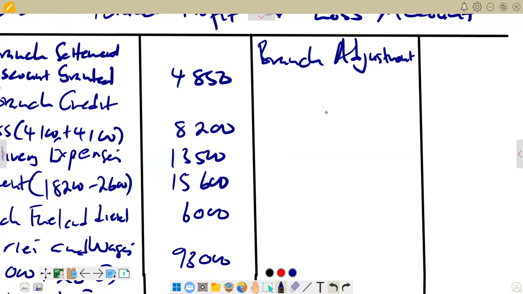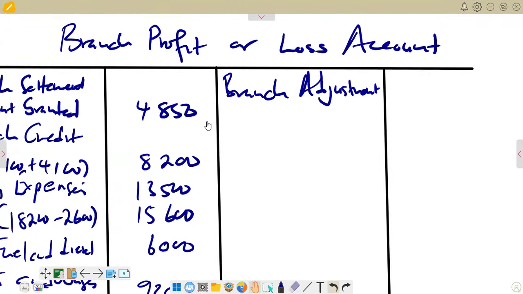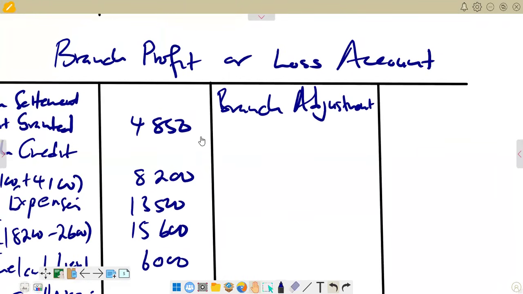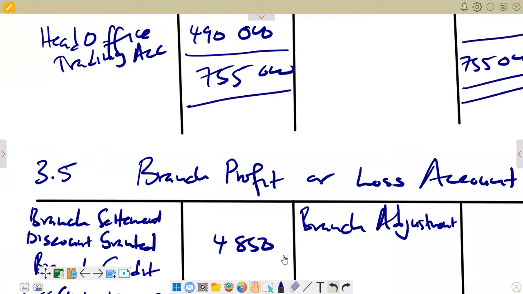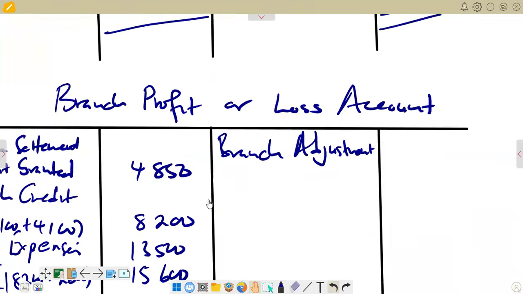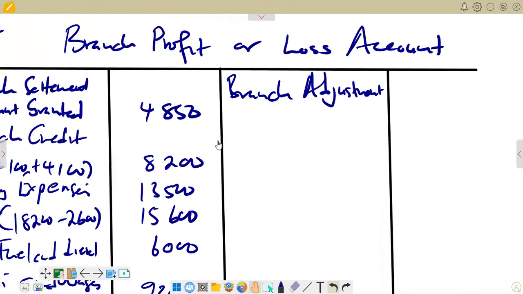Let's take note of the amount. You can just refer back to the branch adjustment and see that figure. If you go to the credit side of the branch adjustments, it's there. So the amount that we calculated there was 326,500.